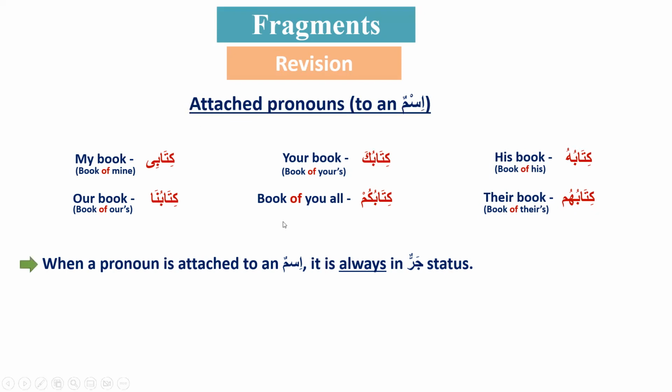They are all pronouns, and all of them are attached to an ism. Remember this now. This is the rule. Whenever a pronoun is attached to an ism, then that pronoun is always in jar status. I say this again. When a pronoun is attached to an ism, that pronoun is always in jar status.